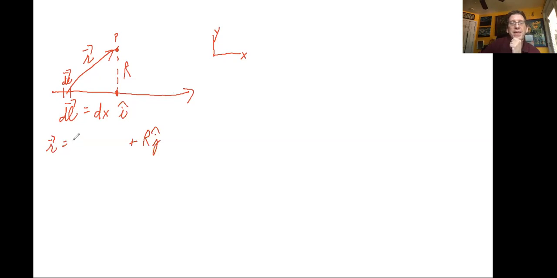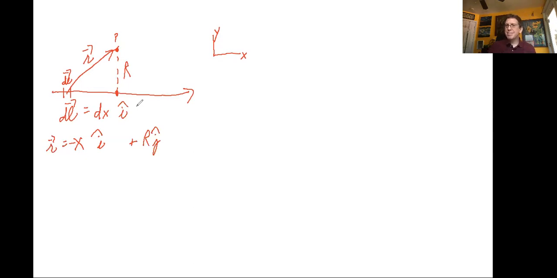So you have x i hat, and it's going to be negative x i hat. So when x is negative, the script r vector points to the right, and when x is positive, the script r vector points to the left. So figuring out dl and r are the hardest part.